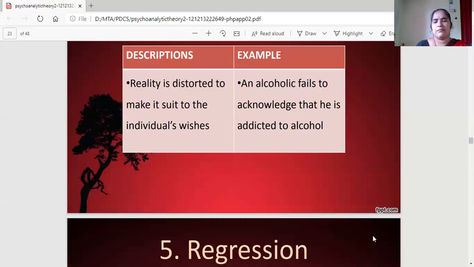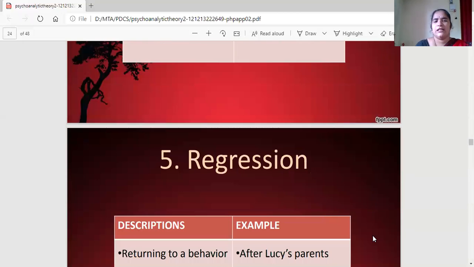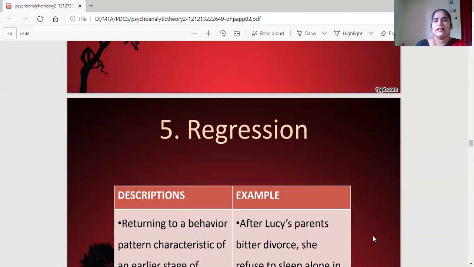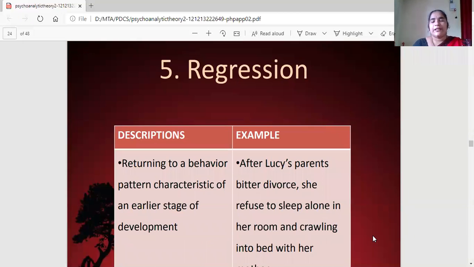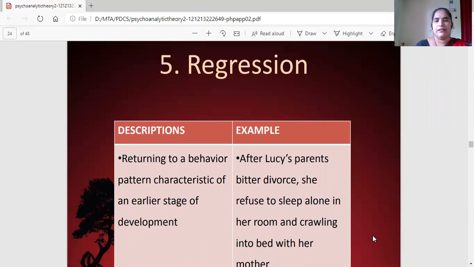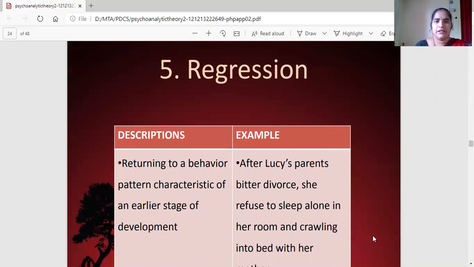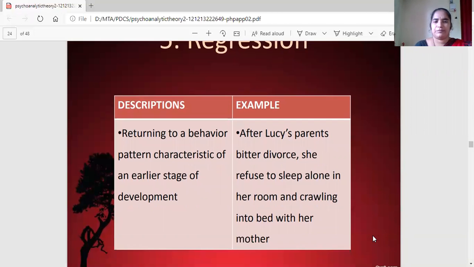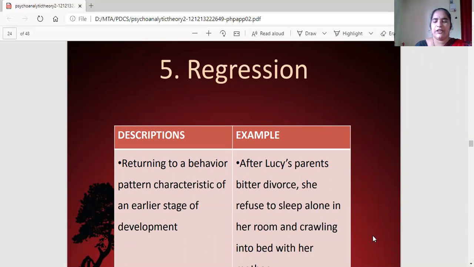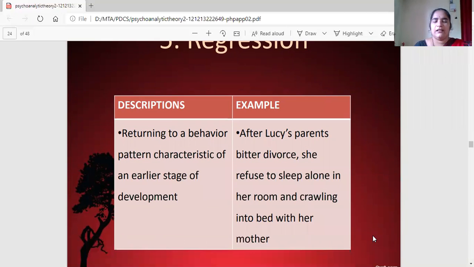Then the next mechanism is regression. Regression means you're trying to return to a behavior that you were doing at a young age. Say, for example, when children are young, they do bedwetting, they do all small things which a young toddler does.